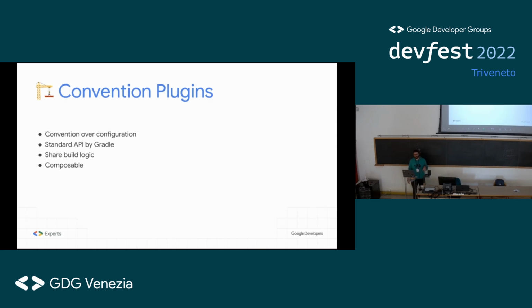Historically, Gradle plugins were very hard to write, test, and publish, but convention plugins are not. And this is really good. That's why we can reuse them every time we want to scale our project in terms of the team size, or as the feature modules are increasing, however you want.